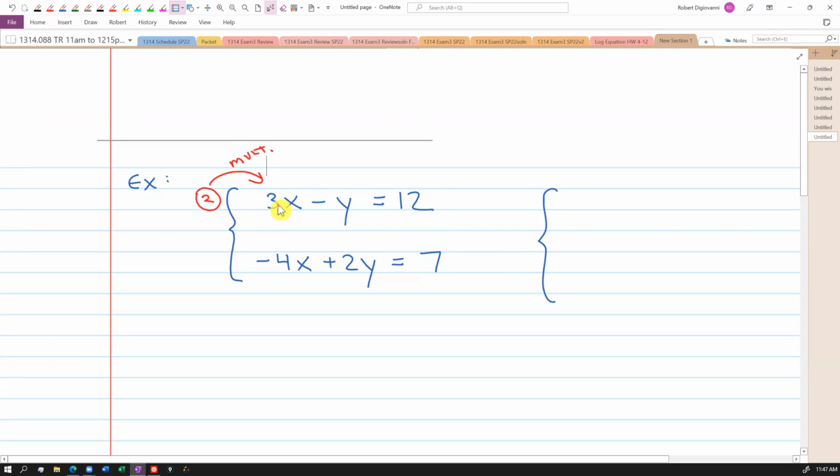Now, when I say multiply a 2, I mean a 2 times everything, both sides of the equation. So this 3x becomes what? 6x. And instead of minus y, it becomes minus 2y, right? And then equals, but instead of 12, it's going to become 2 times 12, 24. And then the other equation, you leave it alone. You don't touch it.